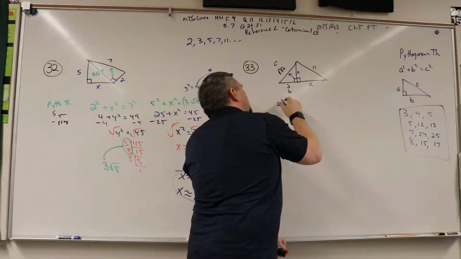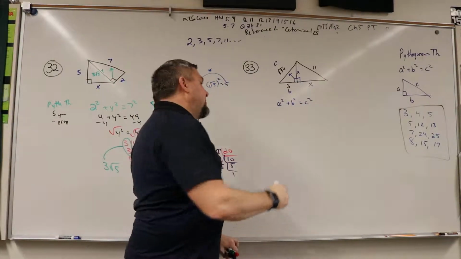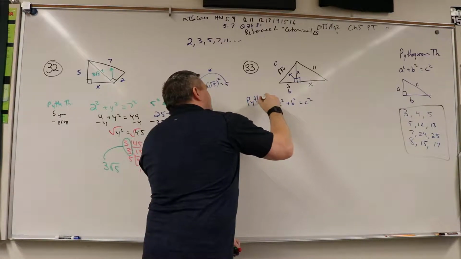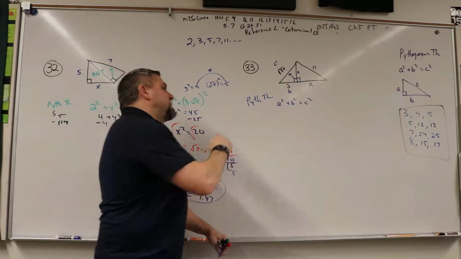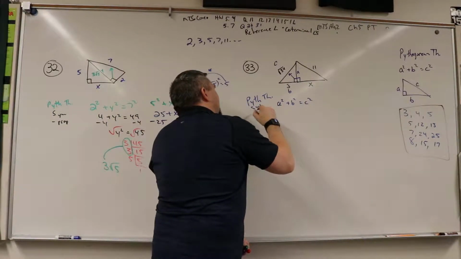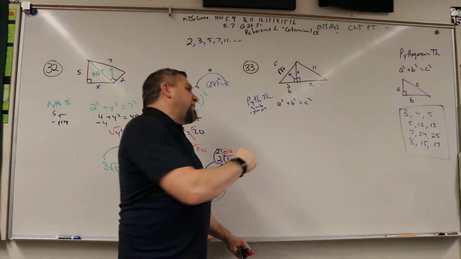So I'm going to go A squared plus B squared equals C squared, the Pythagorean theorem. And then I'm going to substitute, and after I substitute, I'm going to do the subtraction property of equality, and then I'm going to simplify.